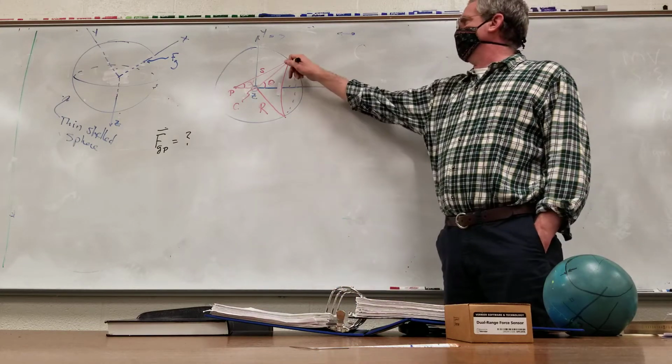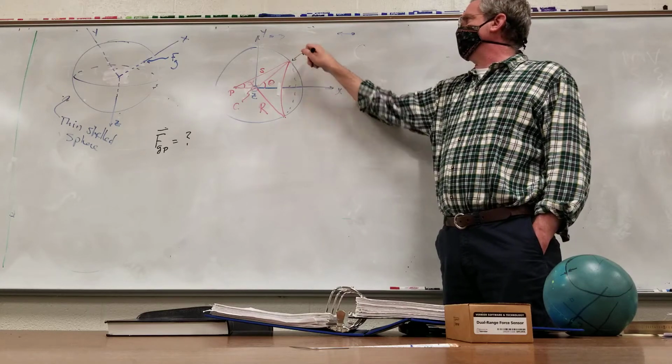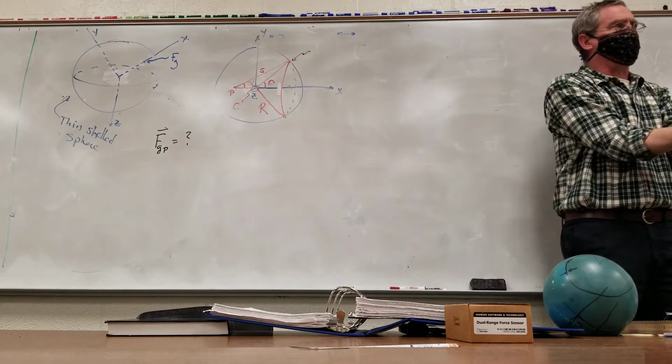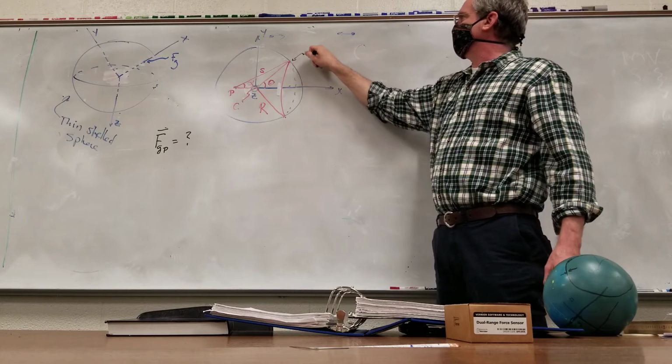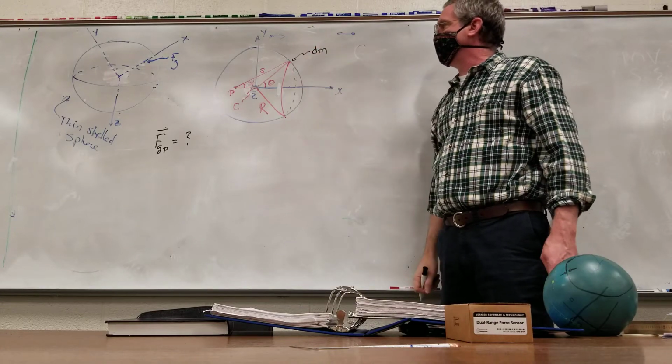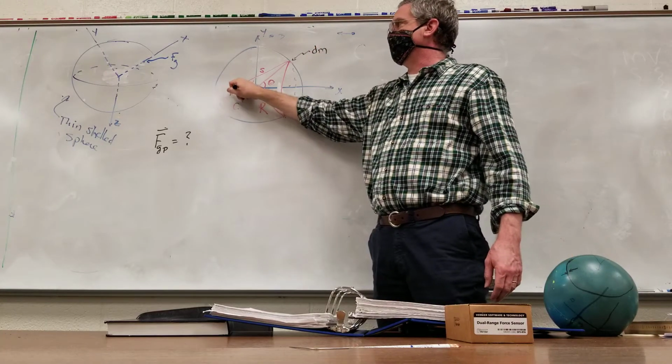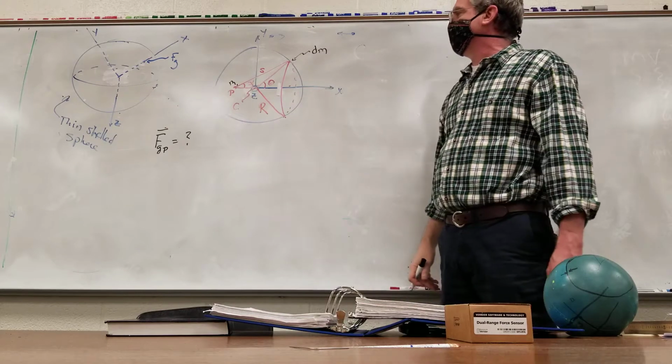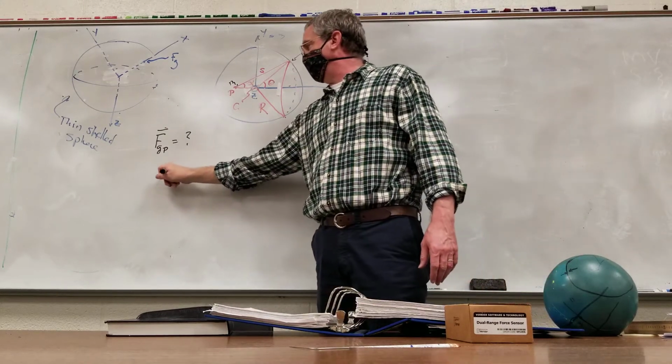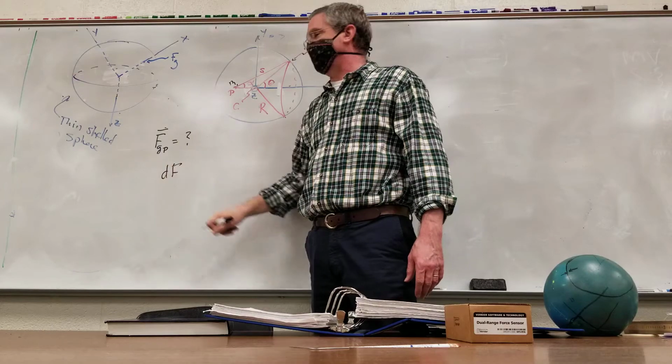Now, this ring right here has a particular mass, but this is an infinitesimally small ring, and so it has a mass of, we'll just call dm. The mass here we'll just call mass 1. So the gravitational pull, well, we can come up with a differential for the gravitational pull.